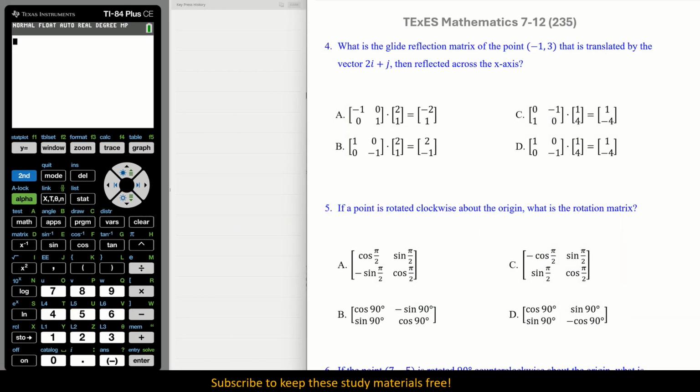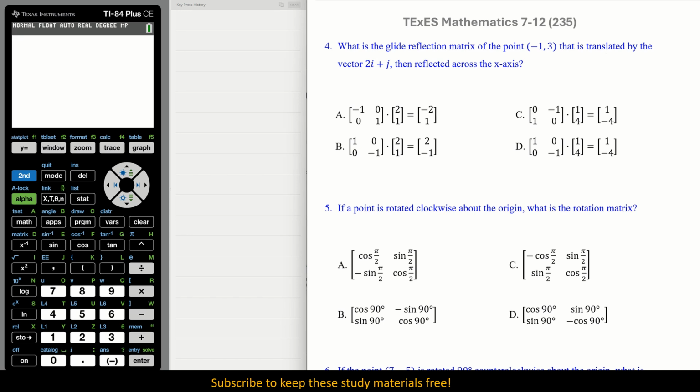Number 4, what is the glide reflection matrix for the point -1, 3 that is translated by the vector 2i plus j, then reflected across the x-axis? Okay, has two parts. The first part we can just do by hand, and then let's move to the second part and discuss it.